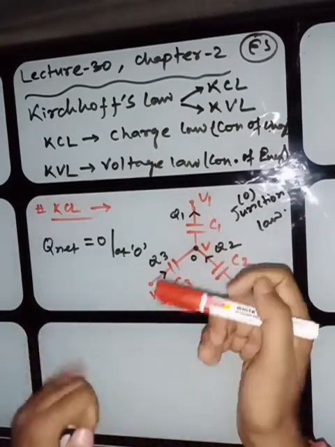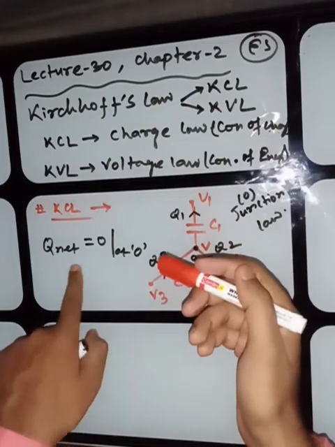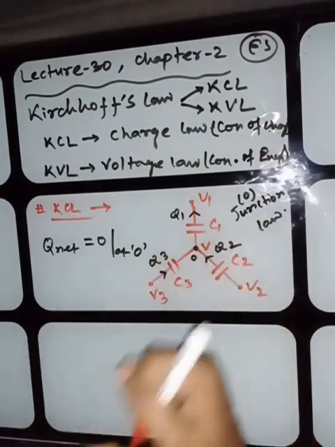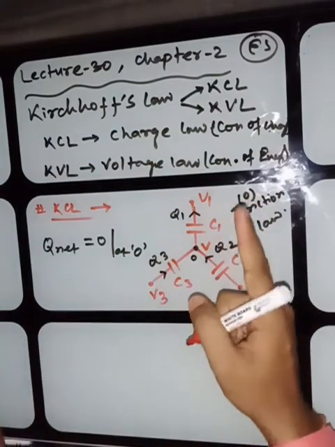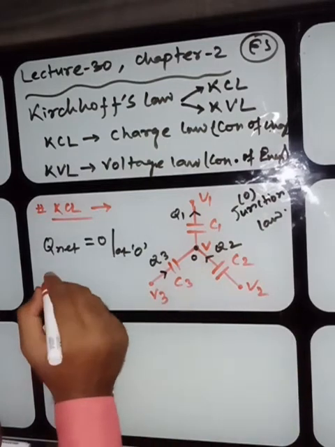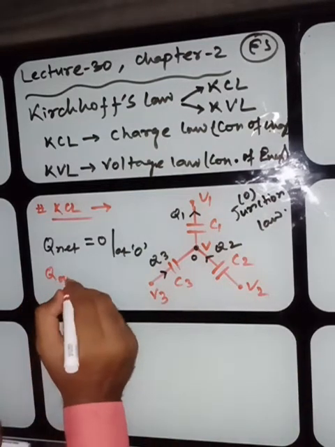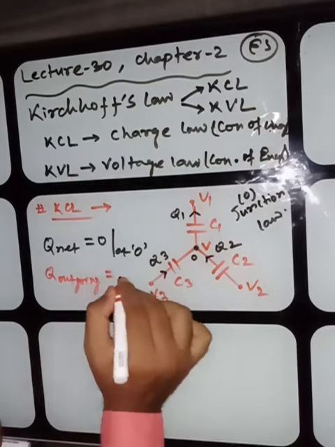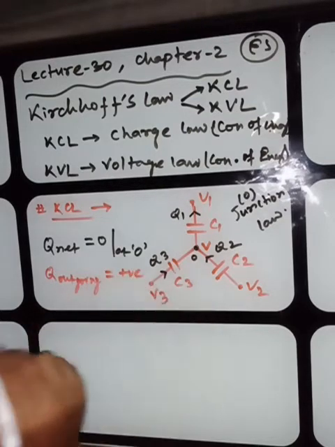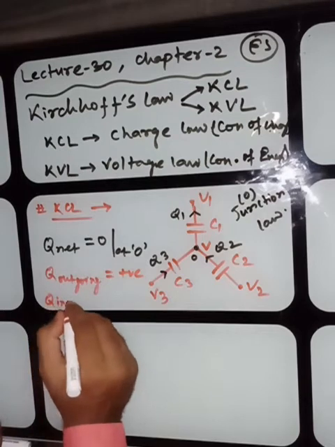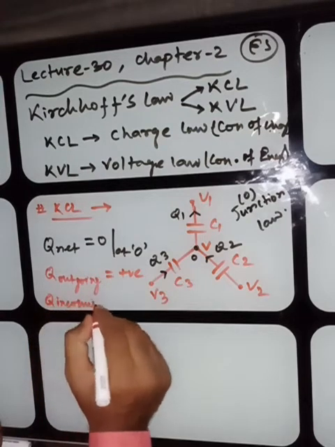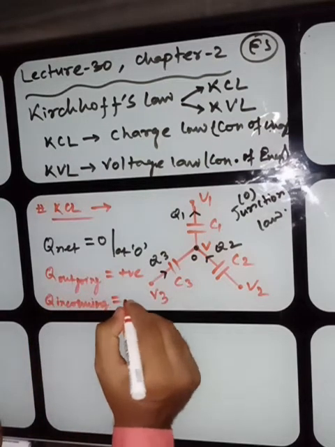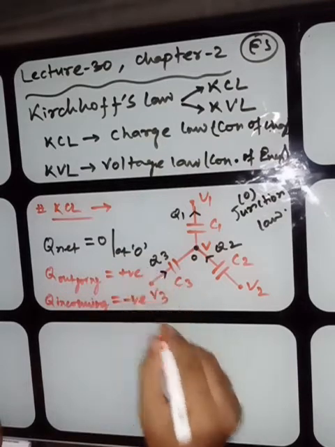But to remember or to understand this particular law, remember one thing, that is the assumption only. If charge is going, that is outgoing charge, if you are taking as positive, then incoming charge, okay, that charge which is incoming must be taken with the nature negative.